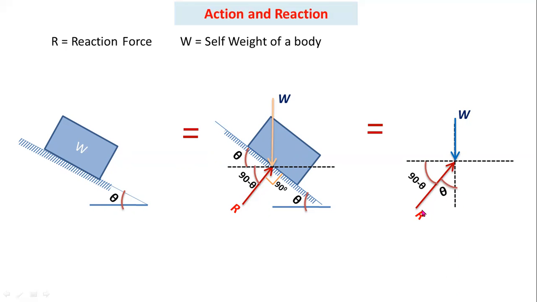Here the plane is inclined, so this inclined plane makes an angle theta with respect to horizontal. This reaction force makes an angle 90 degrees with respect to the inclined plane. So here the angle between this reaction force and the inclined plane is 90 degrees, and the angle between the inclined plane and the horizontal is theta.